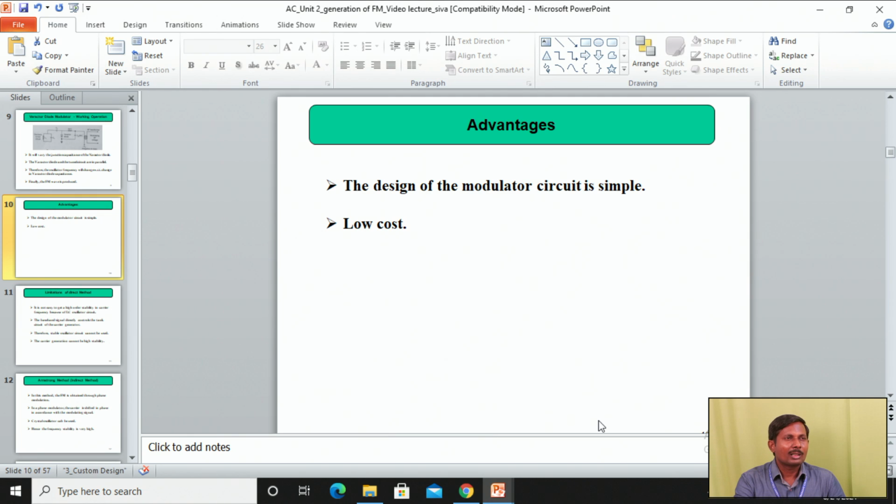All the vendors are looking at how to reduce the complexity of the circuit design, and also how to reduce the making cost of each and every device. So as a design engineer, we need to consider the complexity as well as the cost of the device.